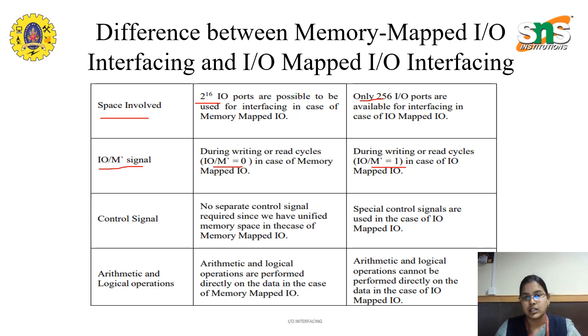Then control signals: no separate control signal is required in memory mapped since we have a unified memory space, whereas special control signals are used in input-output mapped. The last one is arithmetic and logical operations. Arithmetic and logical operations can be performed directly on the data in memory mapped, whereas in input-output mapped they cannot be performed directly.